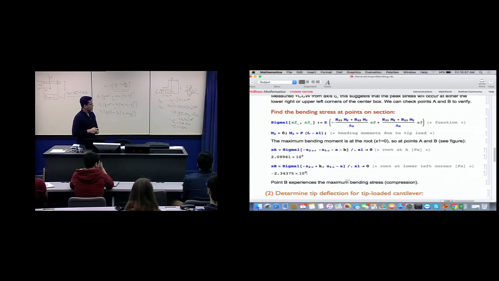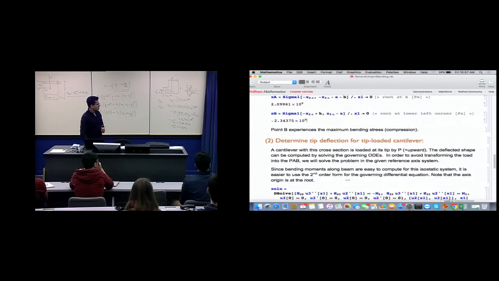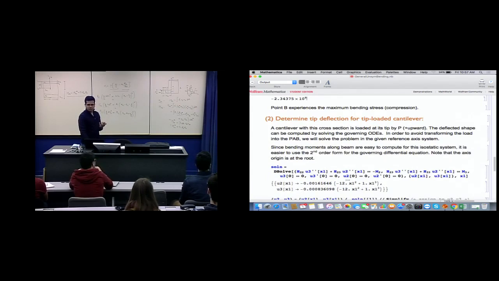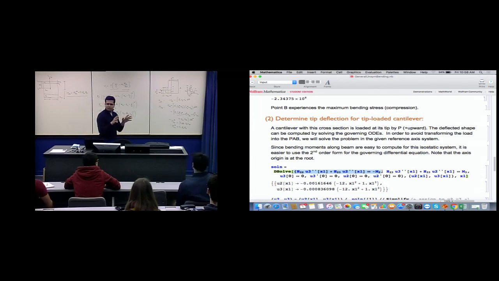Okay, so I would like to just go over the tip deflections for this too, because we have a couple of minutes. If we have to evaluate the tip deflections, we have the load given and we want to identify the deflection at the tip. So we will solve the differential equations we have, and this equation has both the components of u2 and u3 together because it's a non-symmetric cross section, so we cannot decouple the two directions, u2 and u3.